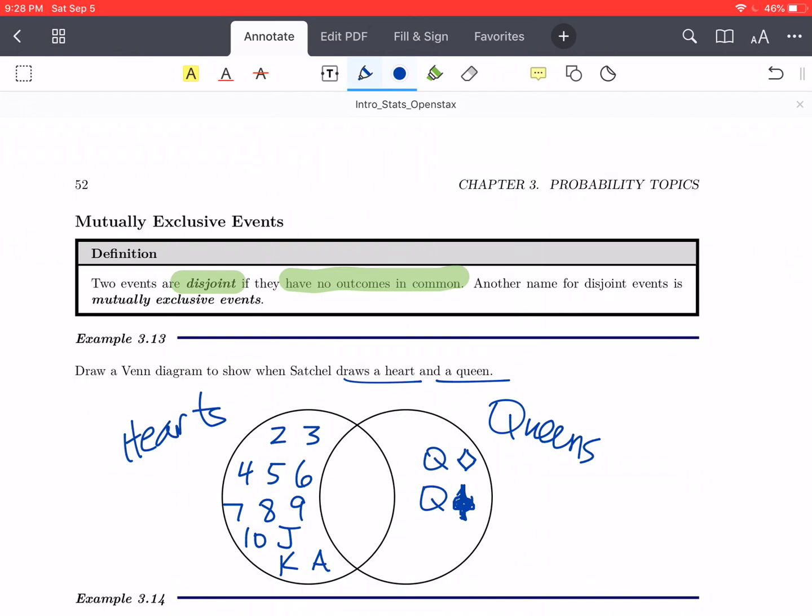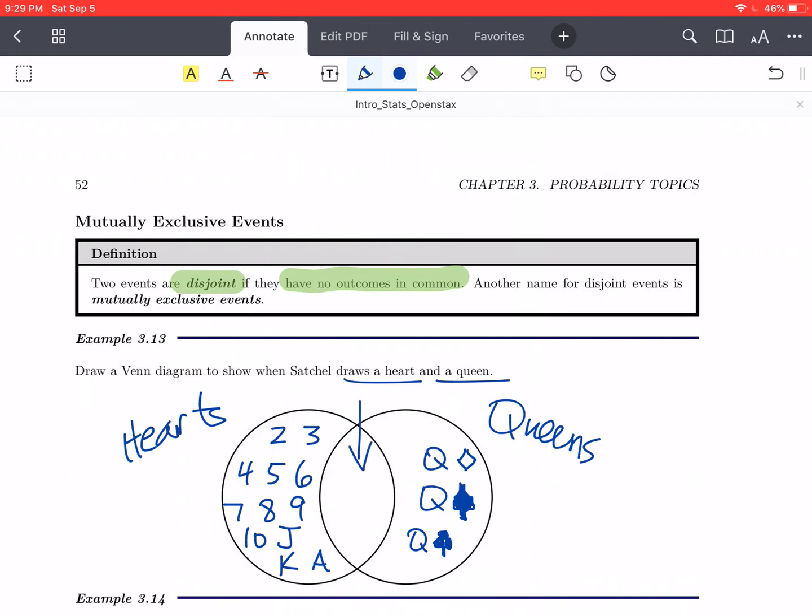That's close enough. That's not horrible. And then, of course, the Queen of Clubs, which the club is going to be kind of like that, almost like a clover. Okay, so Queen of Diamonds, Queen of Spades, Queen of Clubs.